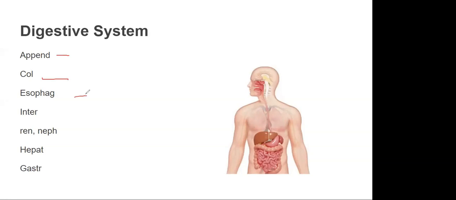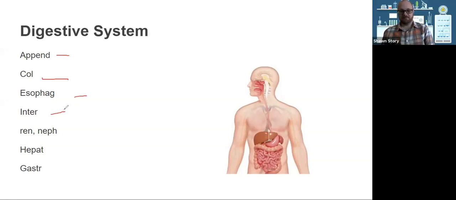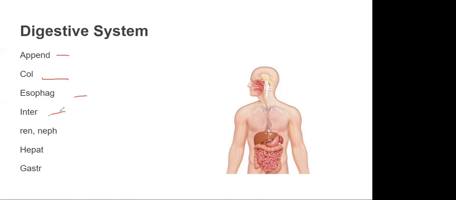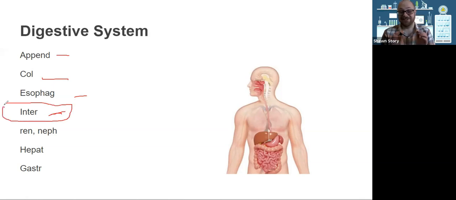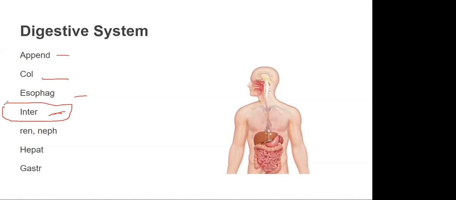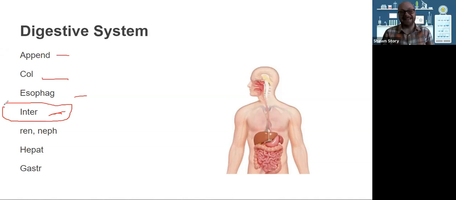Yeah, esophagus. I think you're going to have to tell us this one. Oh, you really? Okay. You're going to hit yourself. Intestine. Oh, right? Just like, oh man, are you kidding me?